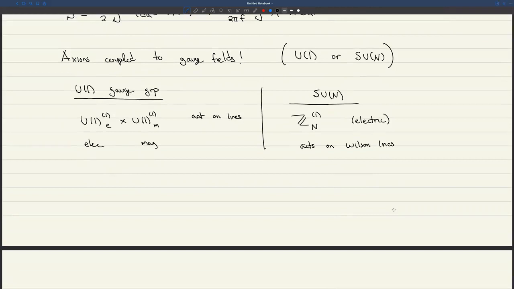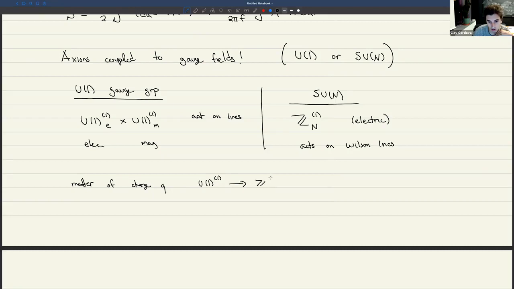If you put appropriate matter, it breaks the electric symmetry while retaining the magnetic one for the U1 side? That's right. More generally, if you have matter of, say, charge Q, you would break U1, 1 to ZQ, 1. So if Q is 1, you break it all the way. And this is a statement really about screening.